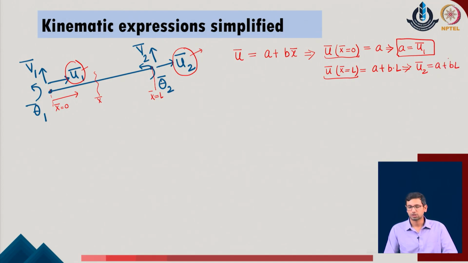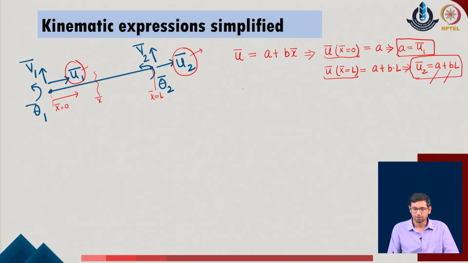So, I got two sets of equations which I can solve easily, and I can get the values of the two unknown parameters A and B in the given problem. If I do this, what does it give me in the general system? I write u, with A already calculated as u1 bar, so u1 bar plus B, which we evaluate from here again, and B comes out as u2 bar minus u1 bar upon L. I just took A to the other side and divided by the L value, and it comes out as the standard expression.